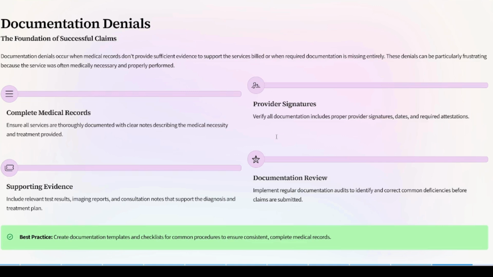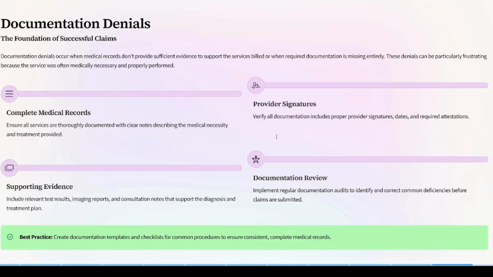Supporting evidence includes relevant test results, imaging reports, and consultation notes that support the diagnosis and treatment plan. And lastly, documentation review: implement regular documentation audits to identify and correct common deficiencies before claims are submitted.